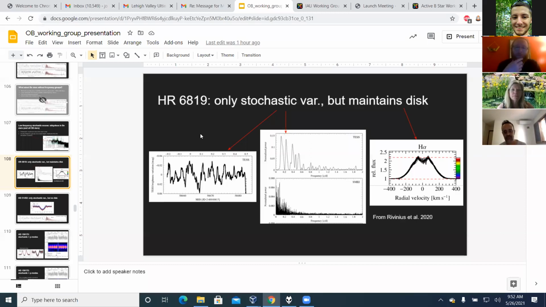Which would contradict a little bit the statement at the beginning of the talk. So I'm just pointing this out to show how much we don't understand about these objects, right? Yeah, it's definitely true that frequency groups are not necessary for mass ejection, even though they're so important in 85% or so of the BE stars. Thank you.